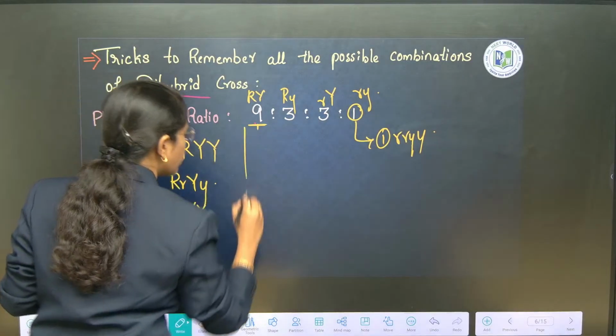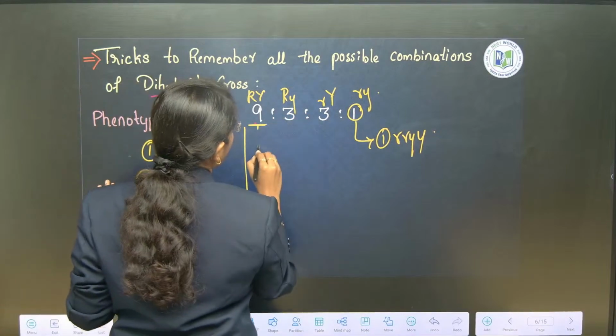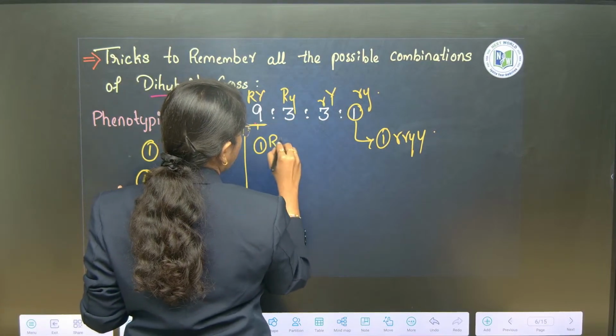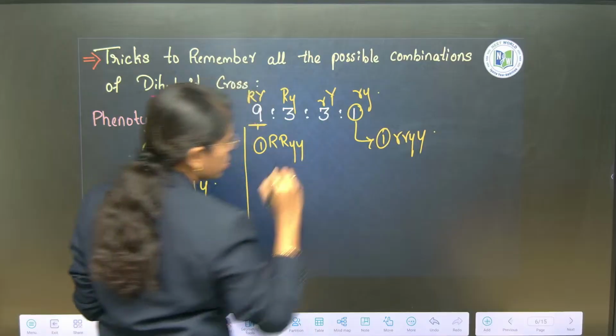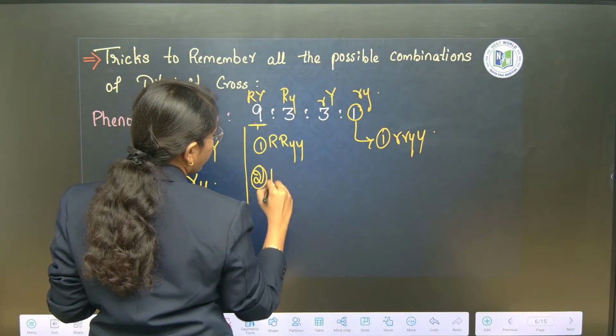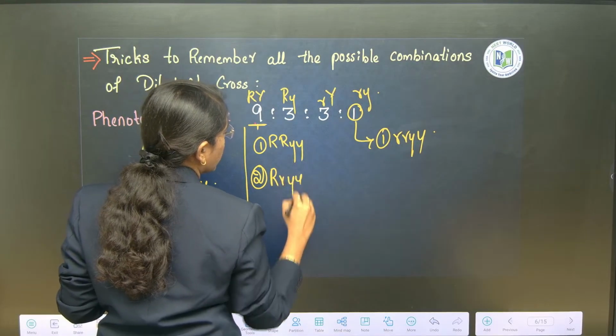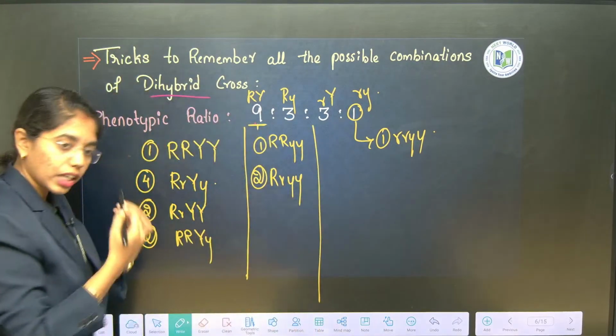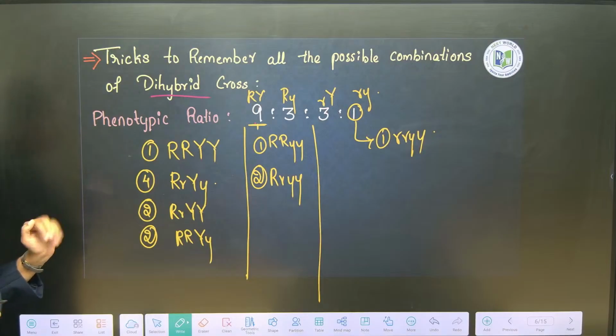Next you see 3 combinations. One will be homozygous dominant and homozygous recessive. The rest 2 will be heterozygous dominant and homozygous recessive. Recessive should definitely be in the homozygous condition only.